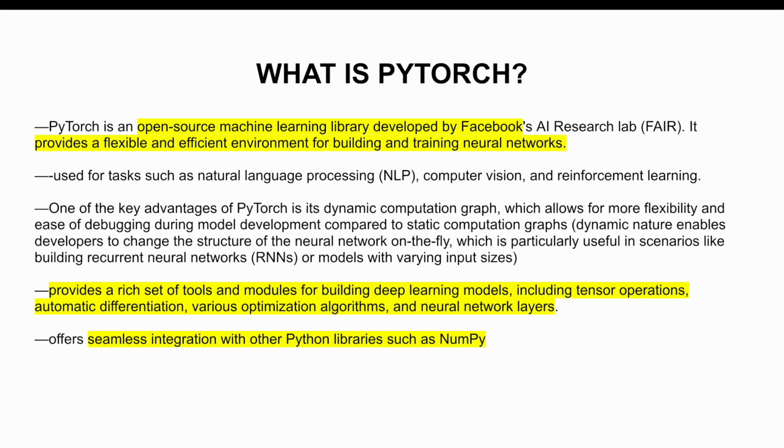So, a quick thing that I wanted to talk about is the dynamic computation graph. What is it, and how is it relevant to PyTorch?